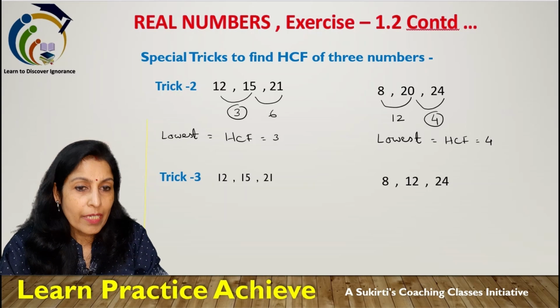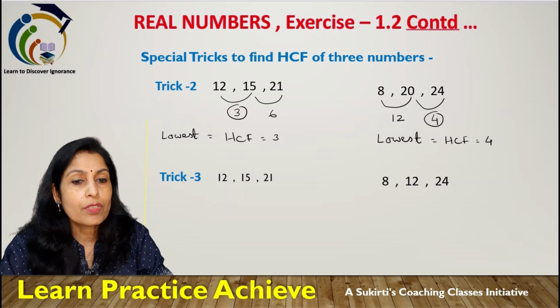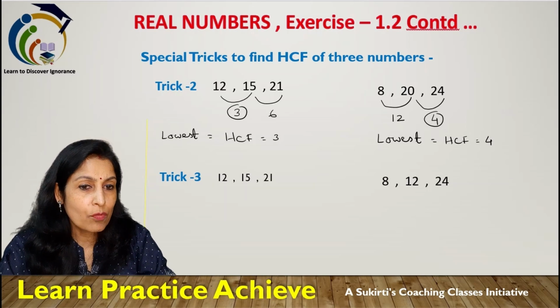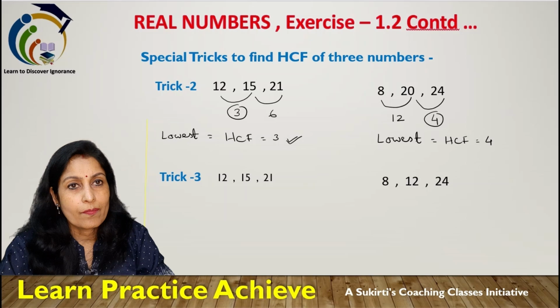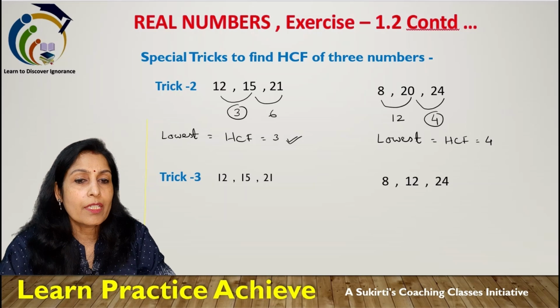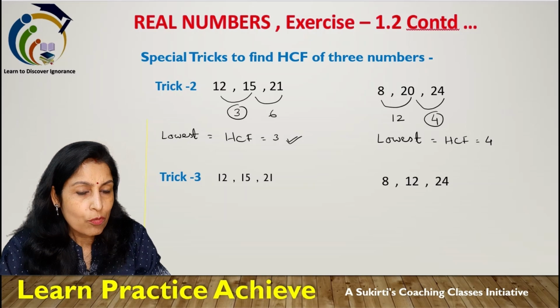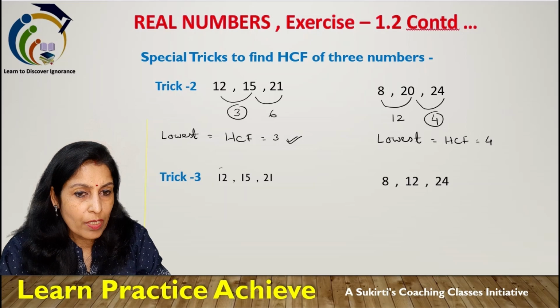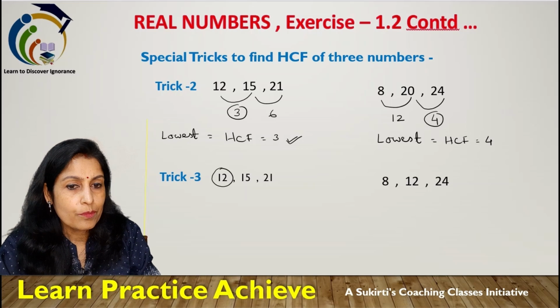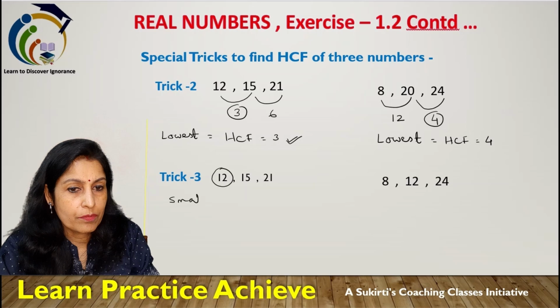Okay. Now another trick, that is trick number 3. In trick number 3, again I have taken the same numbers so that you will know whether the answer you got for the first trick, here you got 3, is the same here or not. Okay, so that you will confirm that yes, the answer is correct. Again 12, 15 and 21, out of these three numbers, you have to take the smallest number.